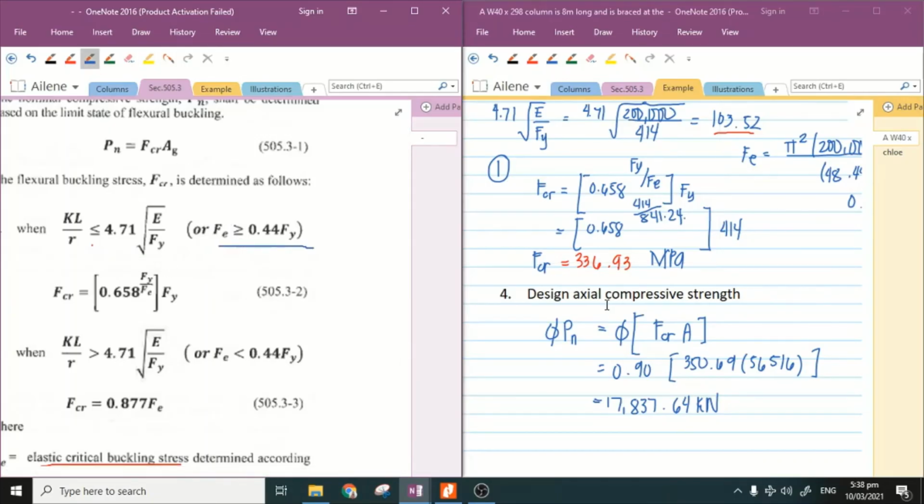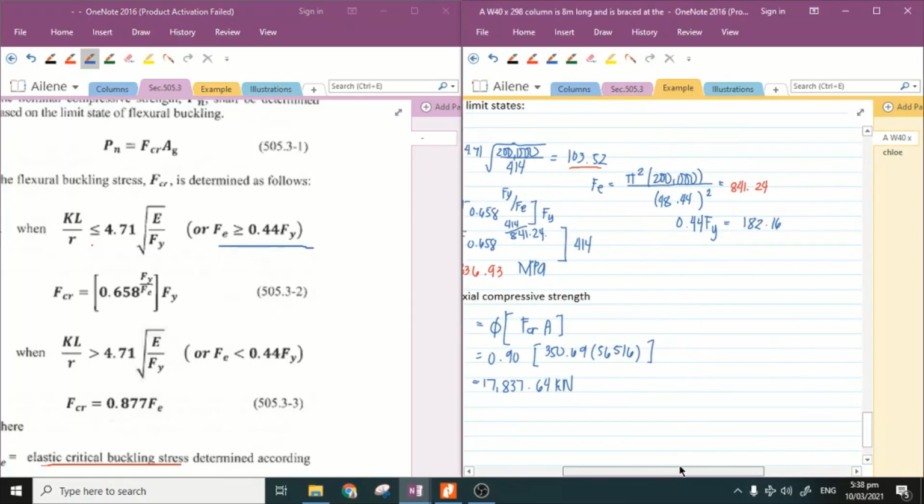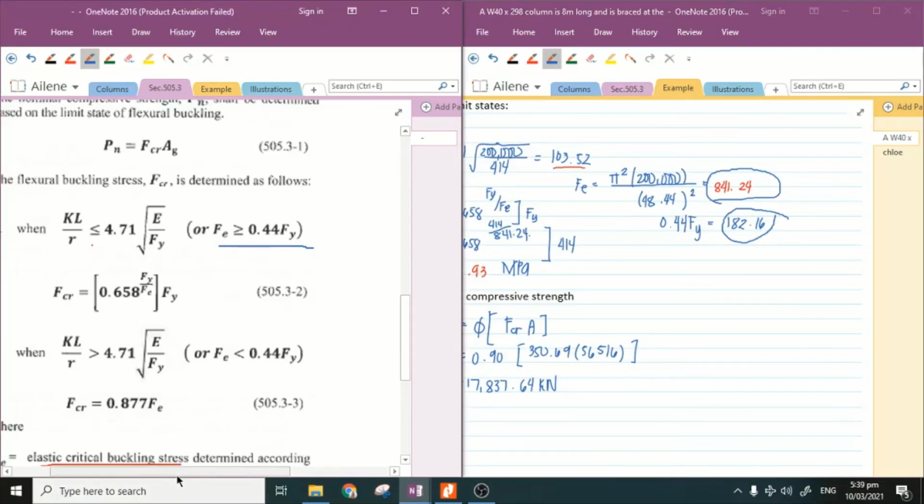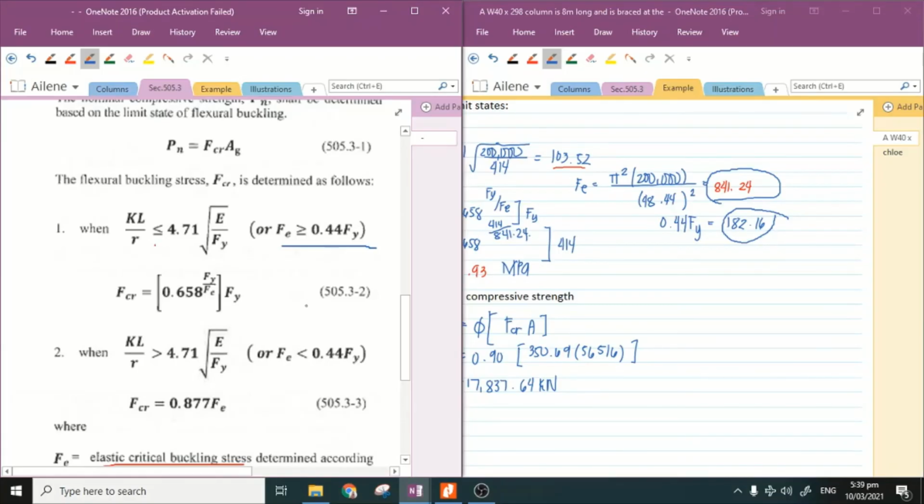Yung na-compute nating F sub E is 841.24. Ano naman yung value ni 0.44 Fy? That is 182.16. So, comparing the two values, nasatisfy naman niya na yung Fe is greater than 0.44 Fy. So, pasok pa rin talaga tayo dito sa case number 1.